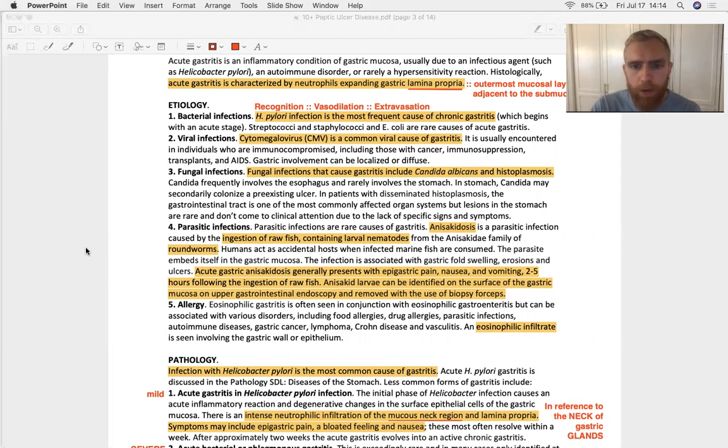Primarily, the Anisakidae family of roundworms might give you anisakiasis, and that's following ingestion of raw fish. And the nematodes have a tropism. That means they like to go to that one tissue. They have a tropism for the stomach. So how is that parasitic infection going to present? As epigastric pain, big stomach ache and throwing up a few hours following the meal.